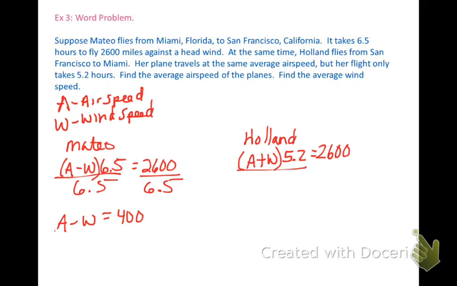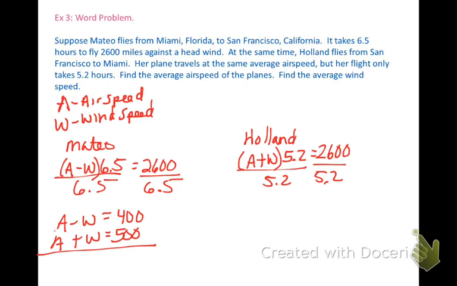And then I'm going to do the same thing with Holland's, but I'm going to put the answer right under Mateo's. So 5.2. So this one's going to have A plus W. Ooh, this looks familiar from yesterday's. So 2,600 divided by 5.2 is 500.